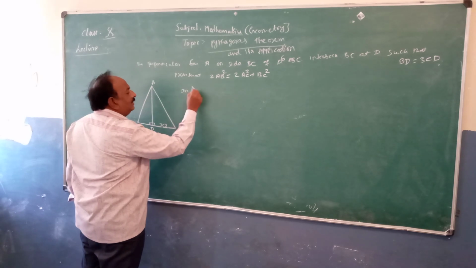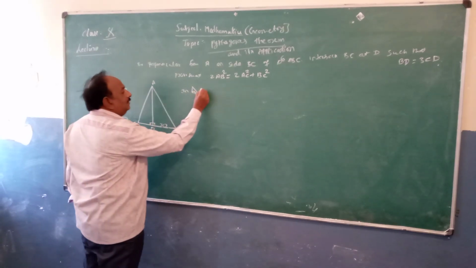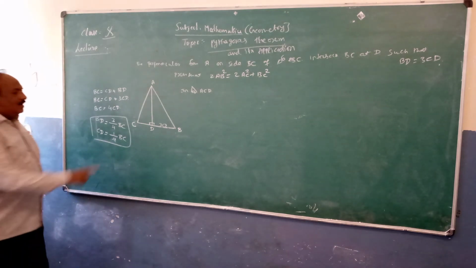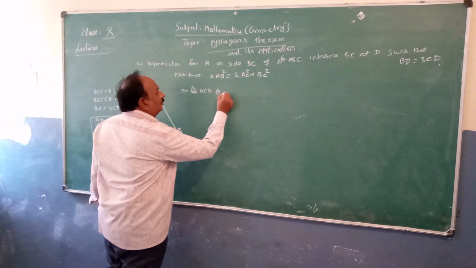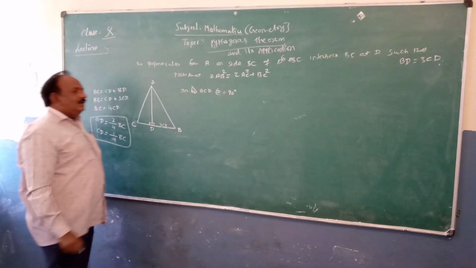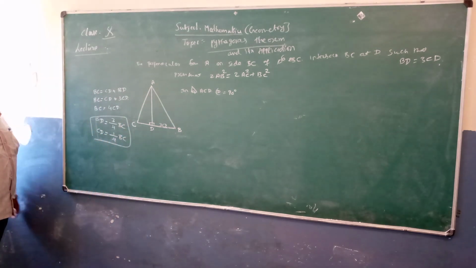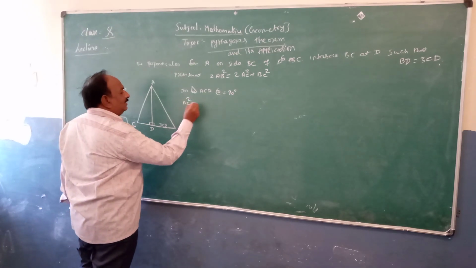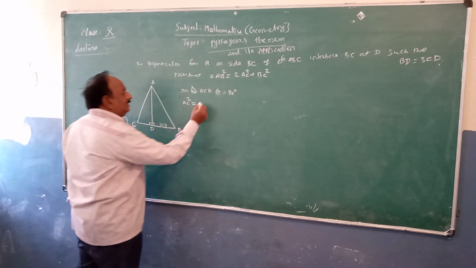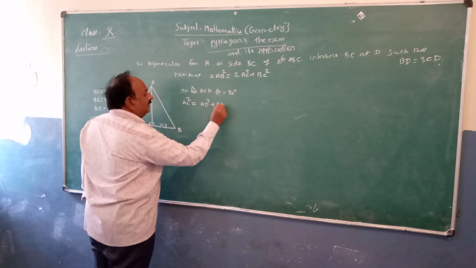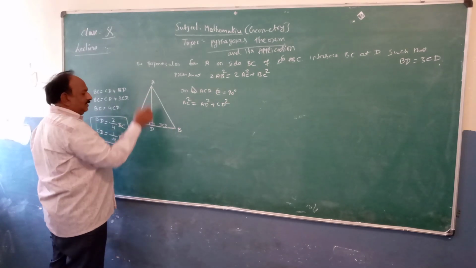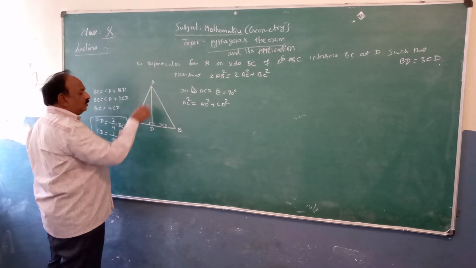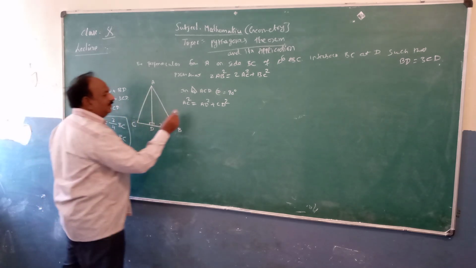In the right angle triangle ACD, angle D is equal to 90 degree. Applying the Pythagoras, AC square is equal to AD square plus CD square.